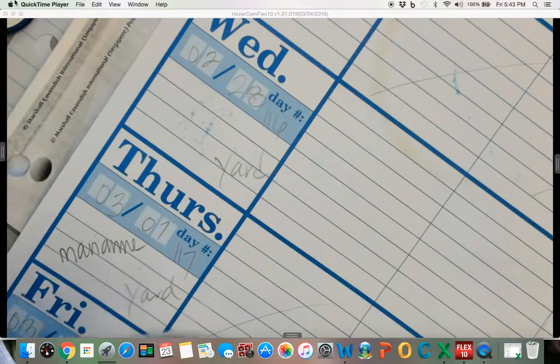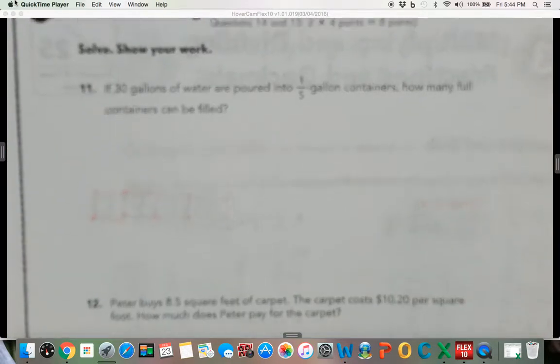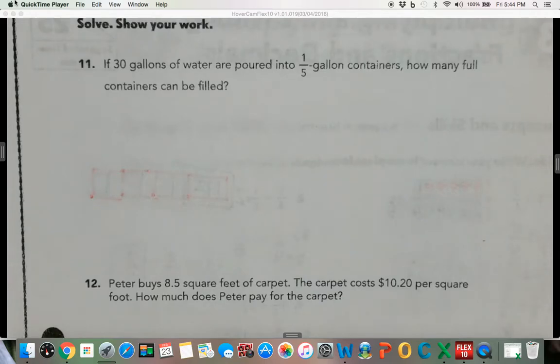All right, going to the back, the word problems. If 30 gallons of water are poured into 1/5 gallon containers, how many full containers can be filled?